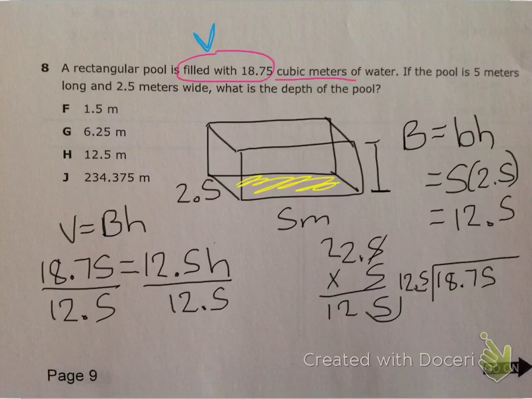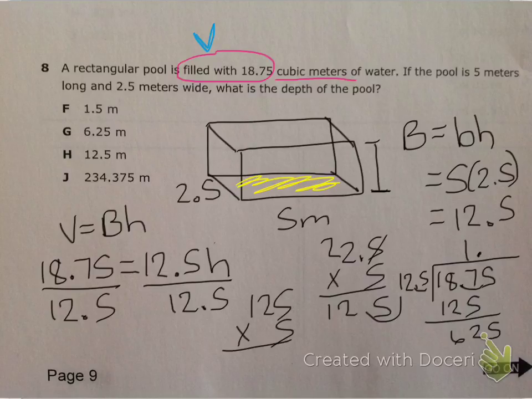So move that decimal over, move that decimal over. 125 will go into 187 one time. And 125 will go into 625 exactly 5 times. So H would be equal to 1.5 meters. So that pool is 1.5 meters deep.